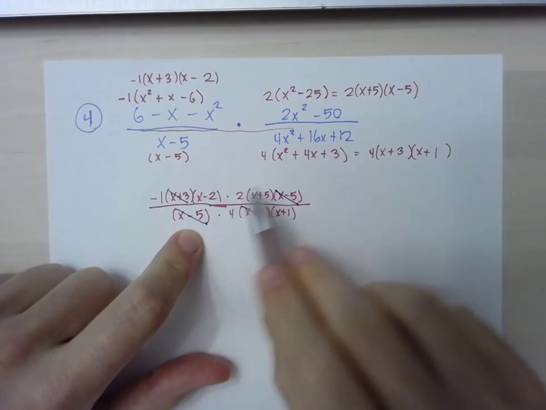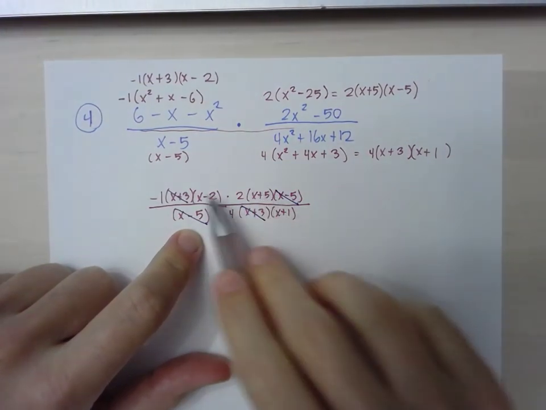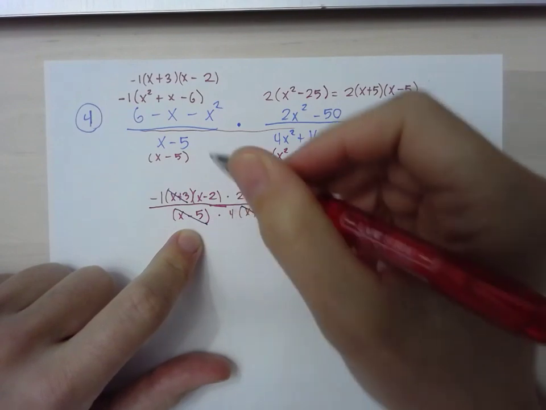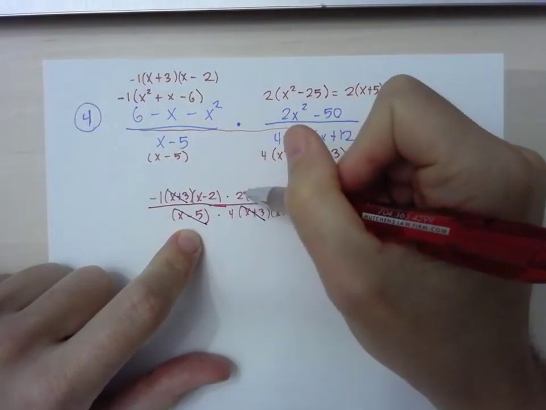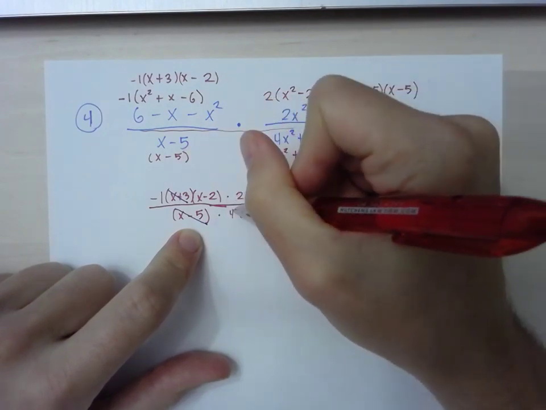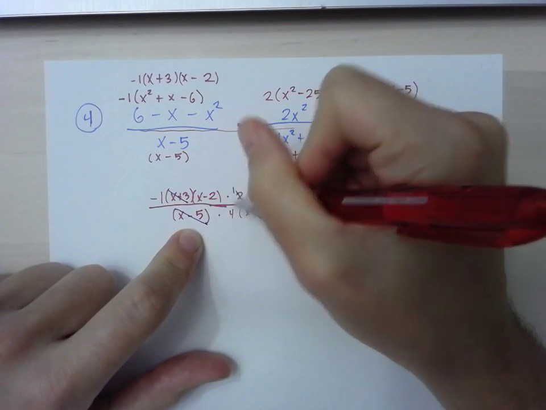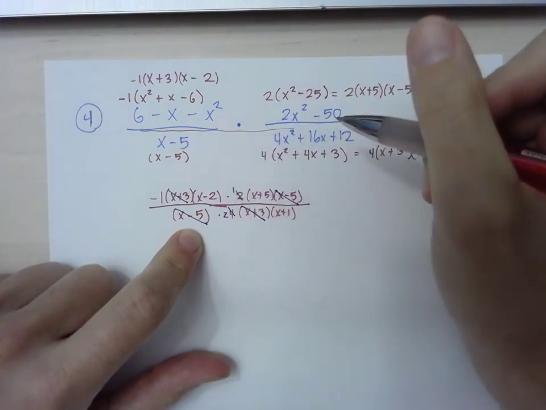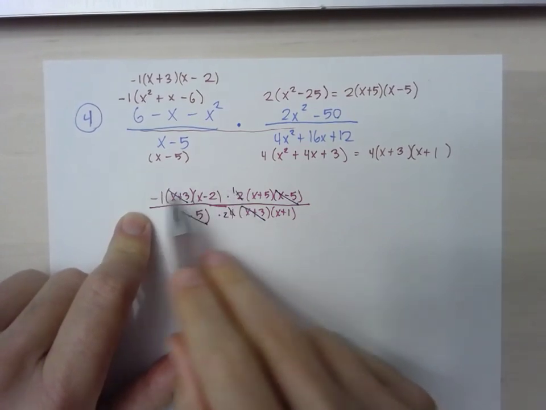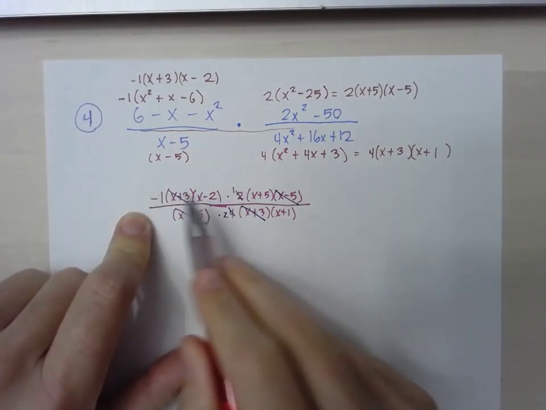X minus 2, x plus 5, and x plus 1 don't have anything I can cross out. I do see a 2 and a 4. So anytime you have numbers by themselves outside of the factors, they can reduce. So we know that 2 over 4 is going to reduce to 1/2. So I am going to write that as 1 over 2. So that -1 times 1, that's just going to be a -1 on the top.